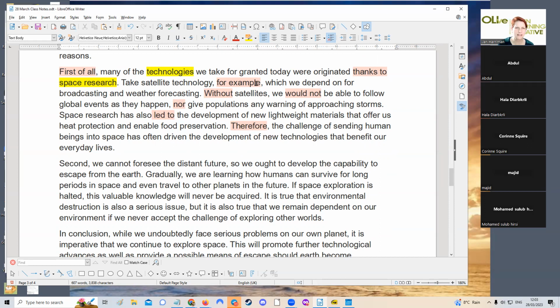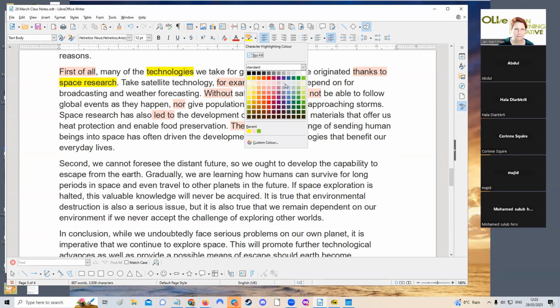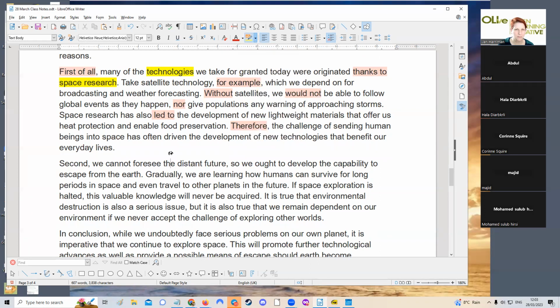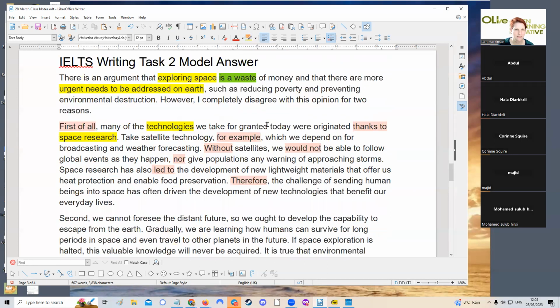And what are our examples? What are our examples that they've given? We've got satellites, right? And lightweight materials. Okay. You see how that works?